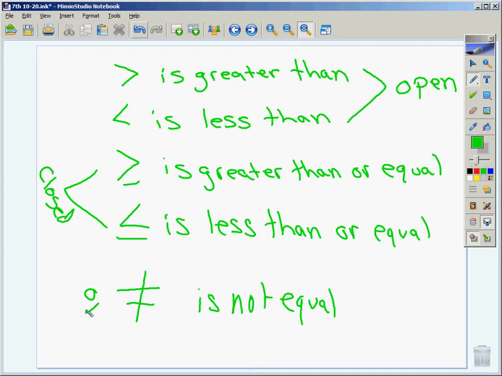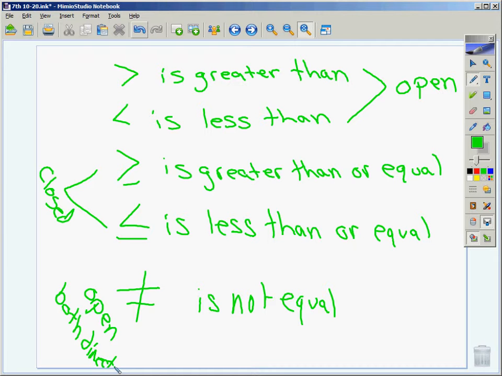This would be open, but the line would go both directions. The line would have to go to the left and to the right, because the only thing it couldn't be is that exact number. That make sense? We just don't deal with not equal to very often. We deal with the others.